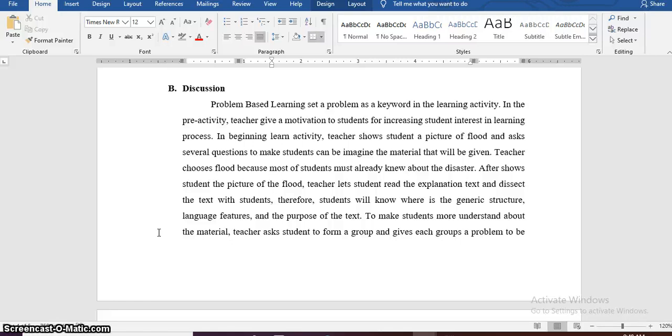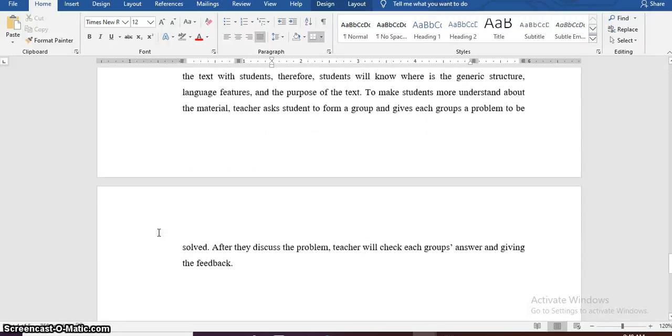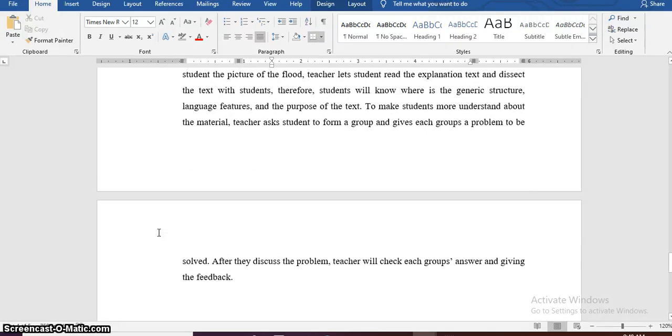To help students understand the material more, the teacher asks students to form groups and gives each group a problem to be solved. After they discuss the problem, the teacher checks each group's answer and gives feedback.